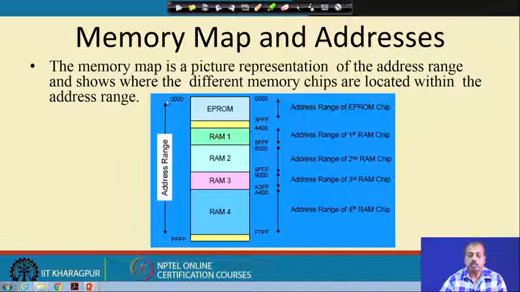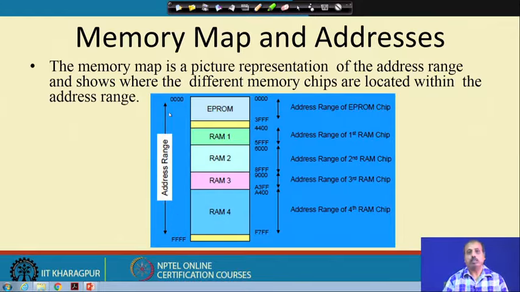So, this has 64K values in the address range. The address lines that the microprocessor generates must be 16 bit, and using that it will be able to distinguish between any of these 64K locations.